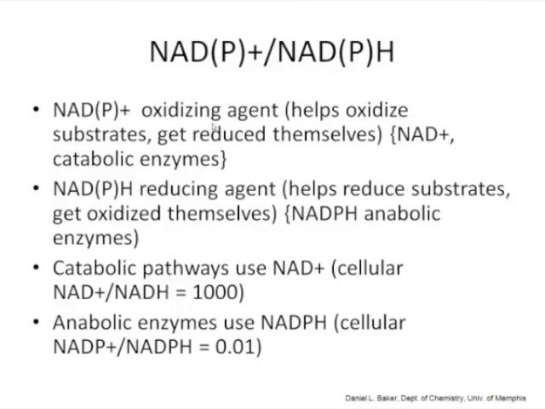So NAD plus or NADP plus is always an oxidizing agent. It helps oxidize substrates, and it itself gets reduced to the corresponding NADH or NADPH. Okay, and NAD plus is commonly used by catabolic enzymes. So these are enzymes that are degrading a molecule.